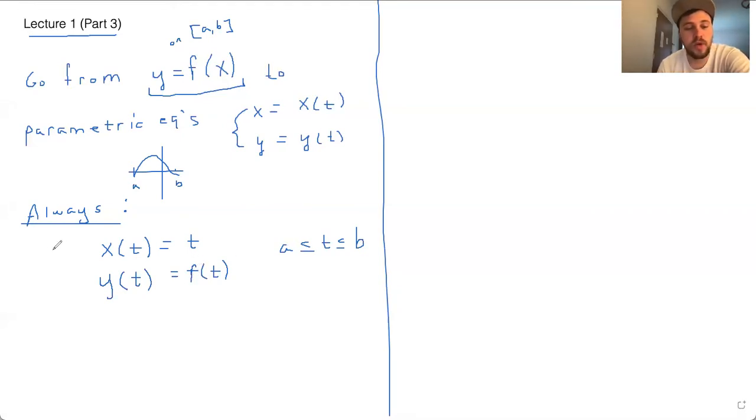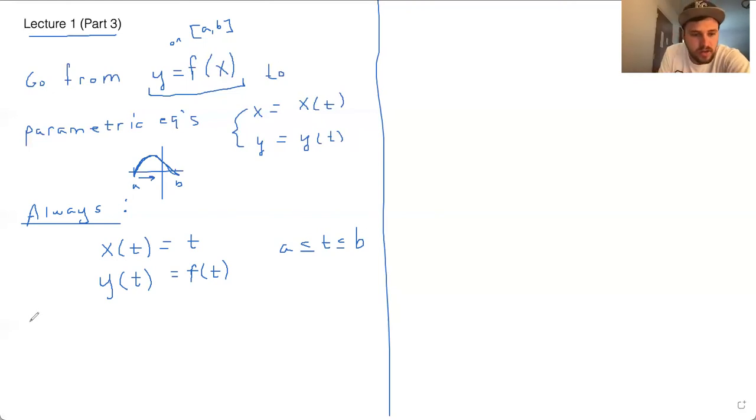And so this is one way that you can always define a parameterization of a curve. The speed at which some particle is moving along this curve is directly proportional to how far you're going over in the x direction. That's what it means to say x of t equals t here. There's no restriction on us doing that.